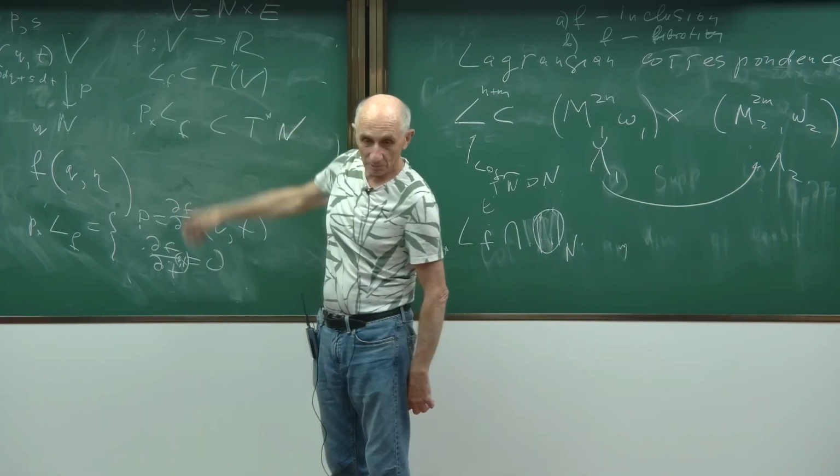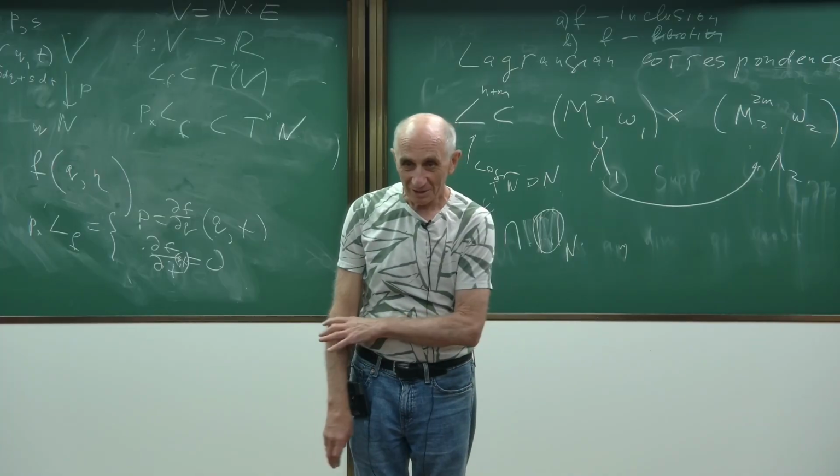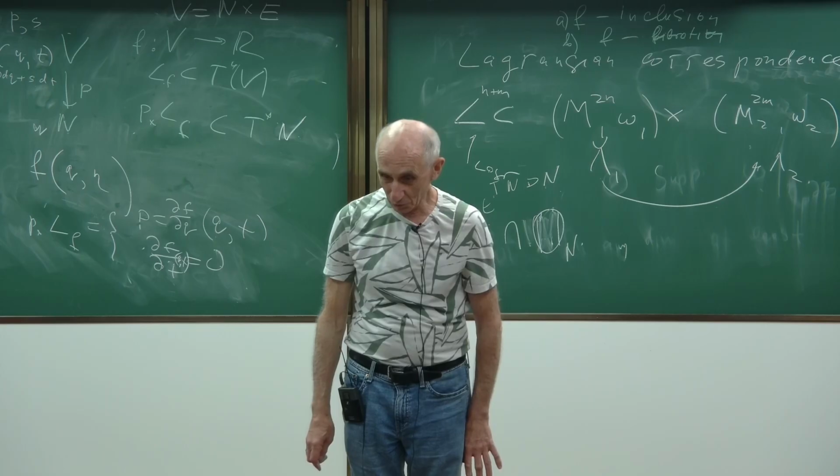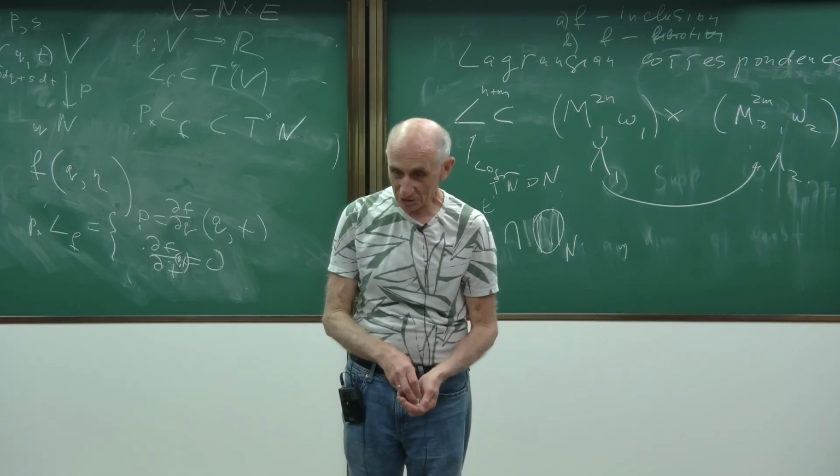So you don't need it to be, yes, yes. In fact, for our application, this is also useful to consider general fibrations. But for our immediate purposes, this would be sufficient.